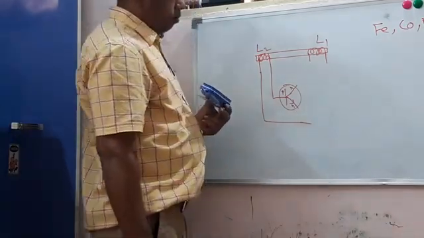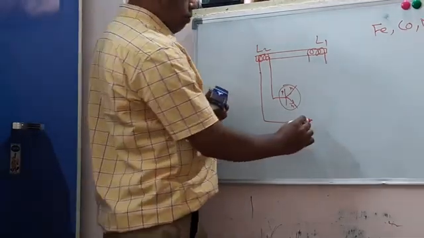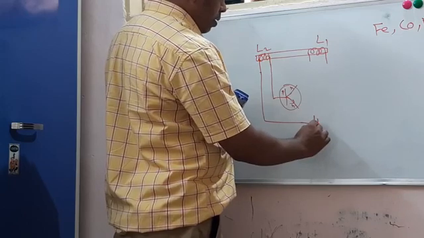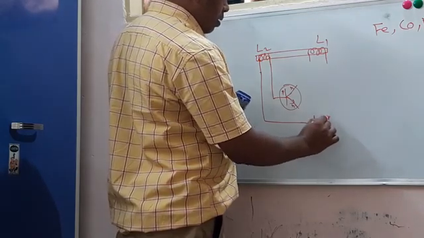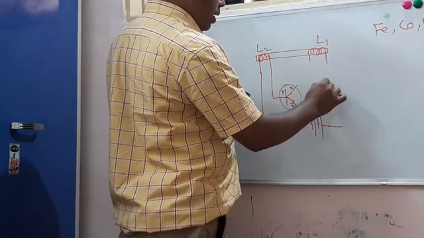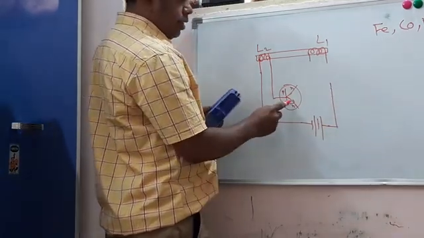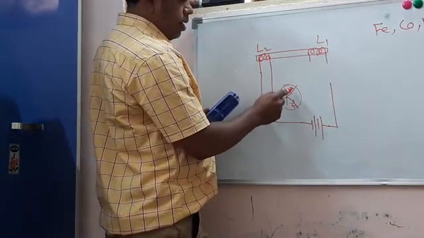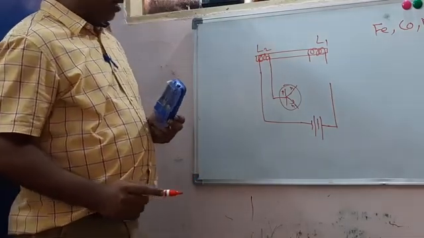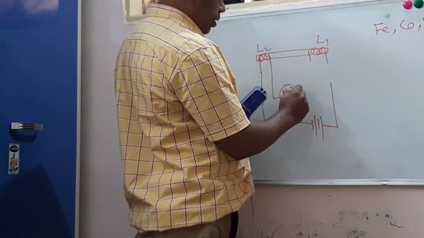Here, the emitter is forward biased and the collector is reverse biased. So this is the emitter, this is the base terminal, and this one is the collector terminal. So the collector terminal is reverse biased.